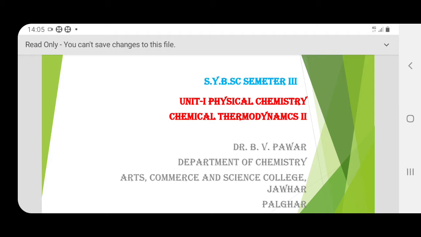Also we saw the Gibbs-Helmholtz free energy equation, and in yesterday's video lecture we saw the Gibbs-Duhem equation.